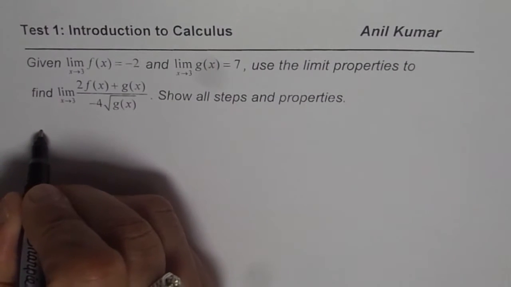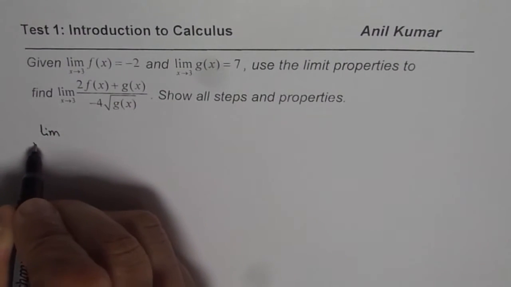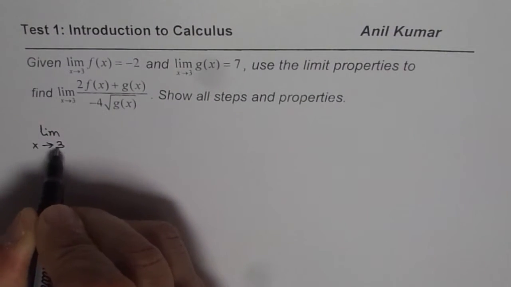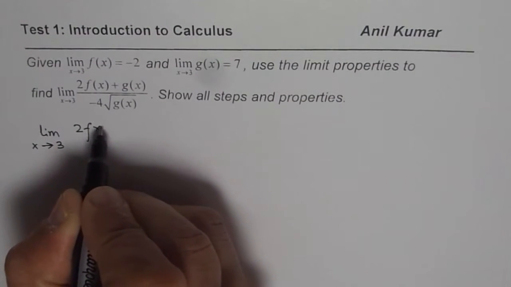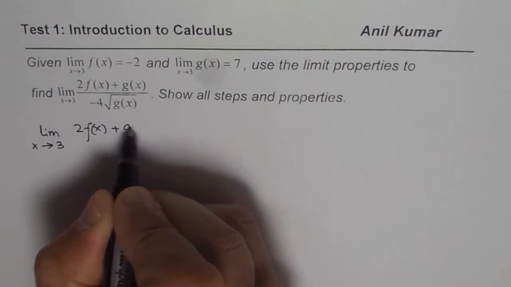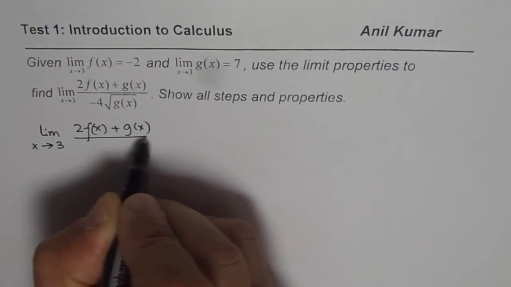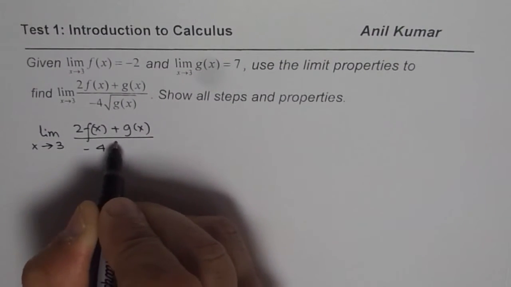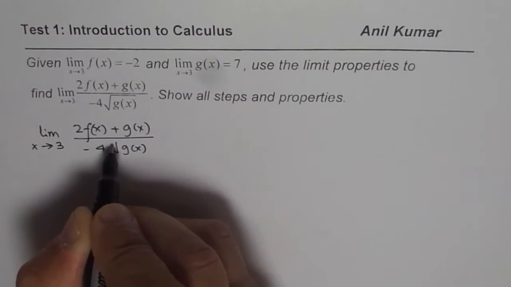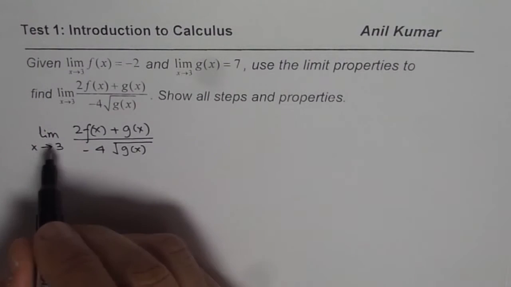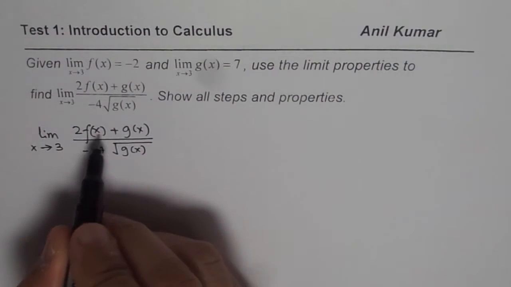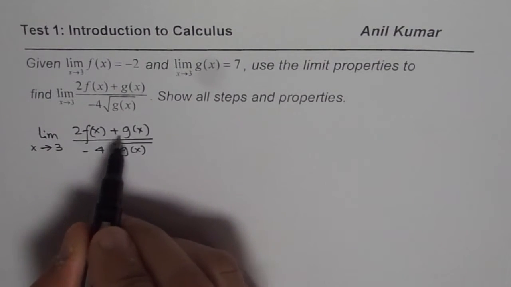So we can write the function as limit of x approaching 3. Let's copy the function first: 2 of f of x plus g of x divided by minus 4 square root of g of x. Now, we can have the limit of each function in the numerator as a combination of their limits.